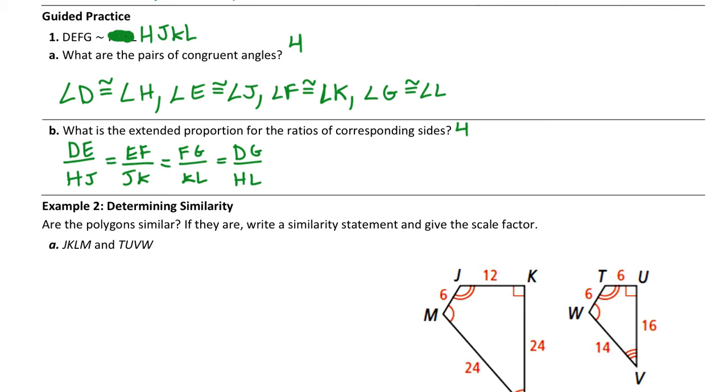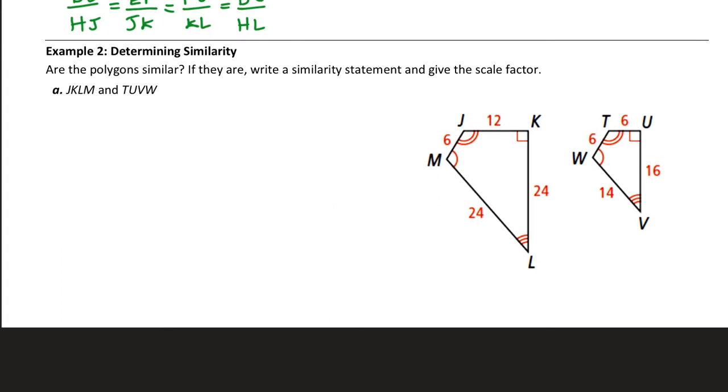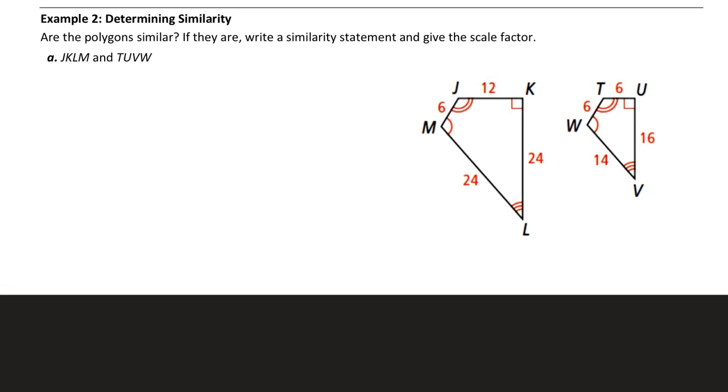In example 2, I ask you to determine if 2 polygons are similar. So the first thing I'm going to look at for these polygons to be similar are the angles. Are the corresponding angles congruent? J is congruent to T. That's given here. They're marked congruent.